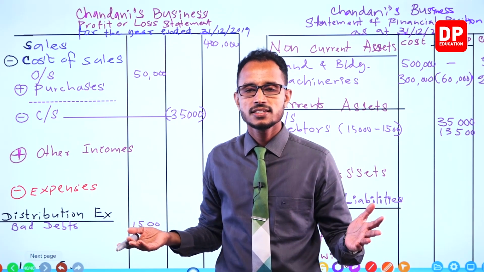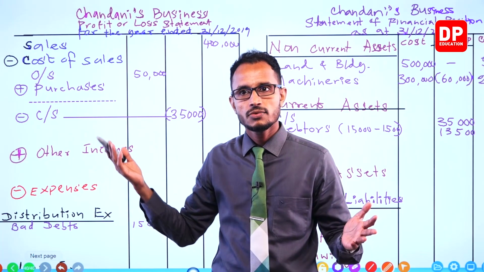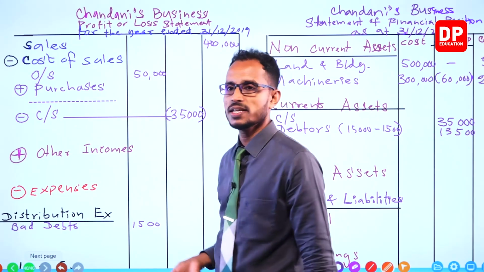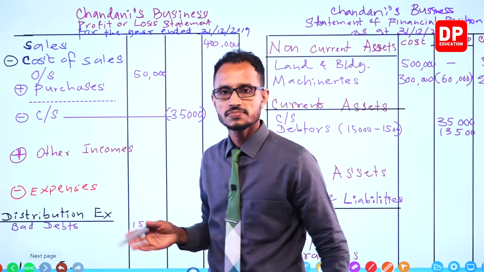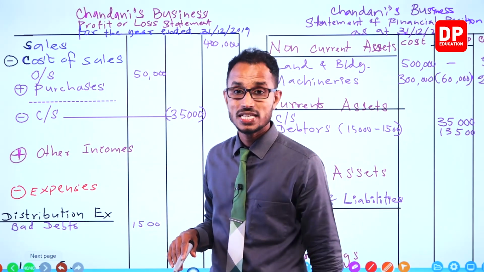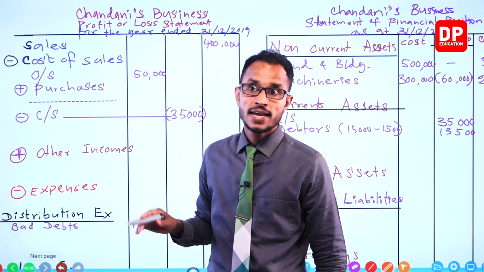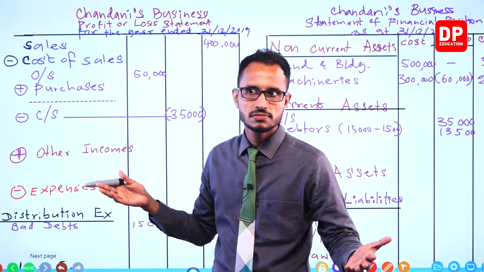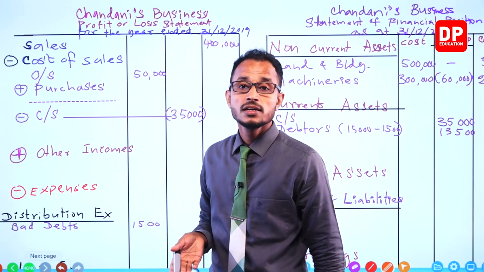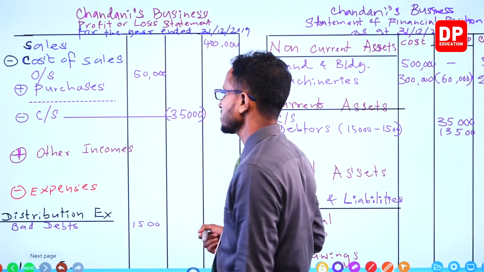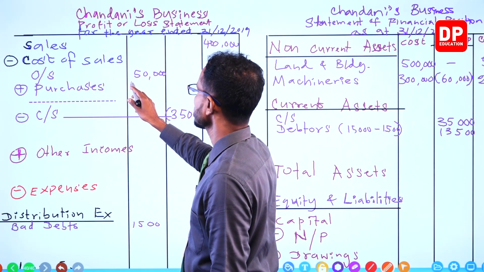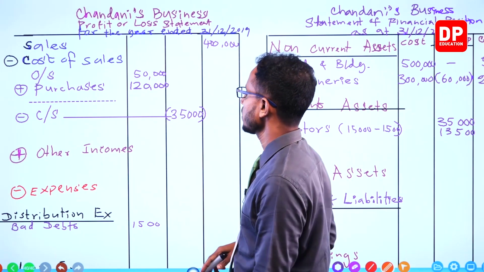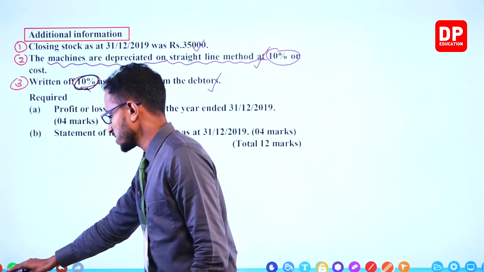When you see an item in the trial balance, you know where it should be entered, because the format is already complete. So purchases 120,000 in the first column. Tick it.